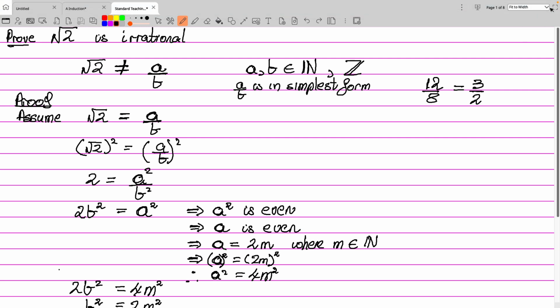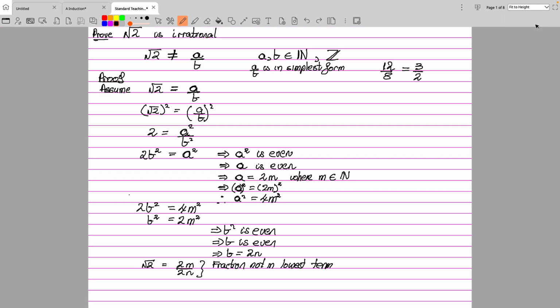So therefore, there must have been a mistake, and the mistake could only have been at the very, very beginning. And that's proof by contradiction.